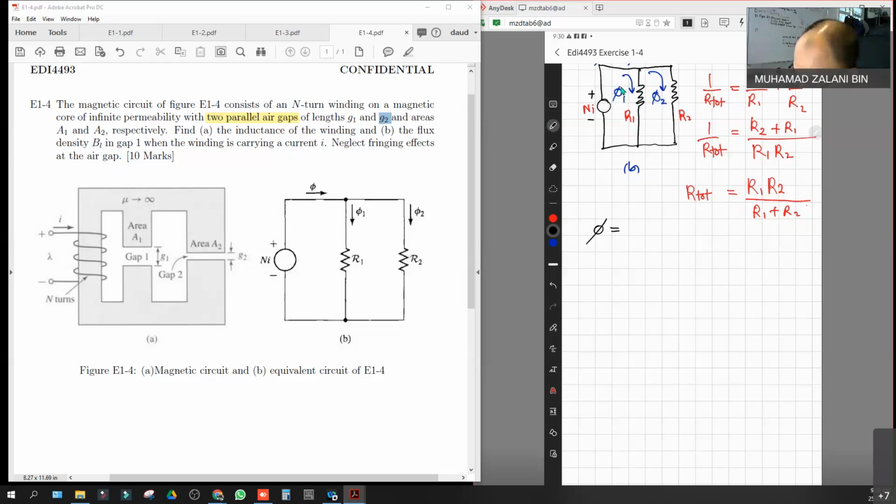So phi is F by R total. Here R total I have calculated, so just substitute R total, and F we can substitute by Ni, over R total, which is R1 R2 divided by R1 plus R2. So rearrange this equation.